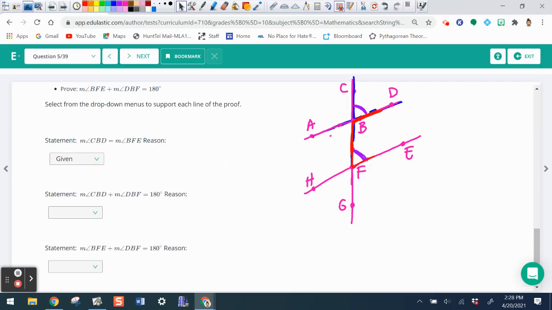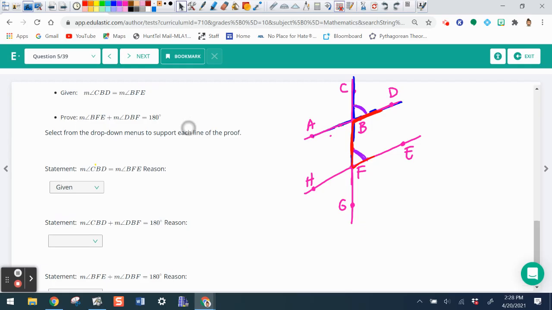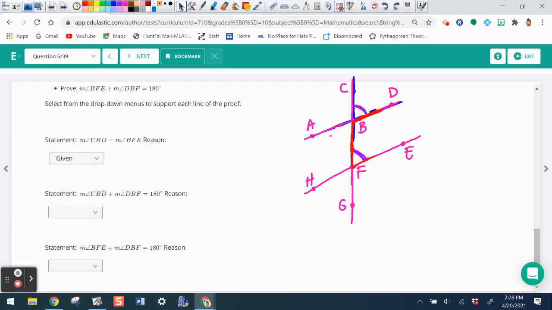Next, it says that the measure of angle CBD plus the measure of angle DBF is equal to 180 degrees. Well, if you notice, that wasn't given information. So we must be looking to the diagram to figure out why those two angles should add up to 180 degrees. So angle CBD is right here, and angle DBF is right here.